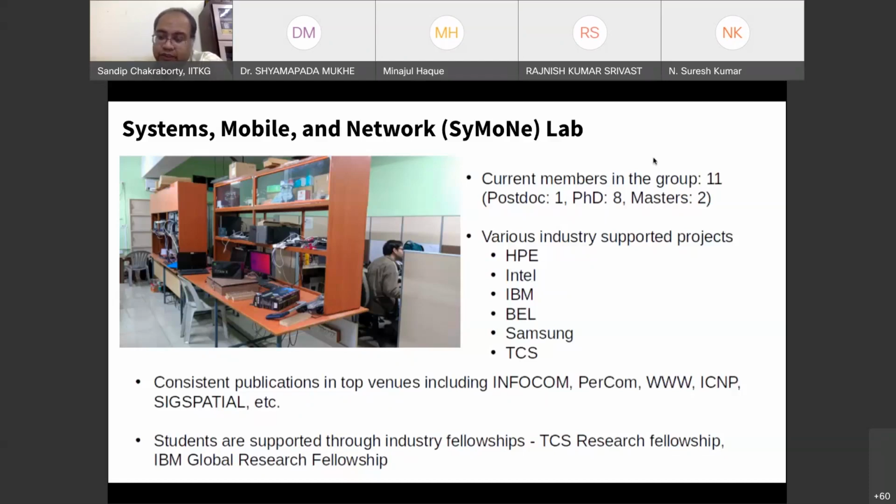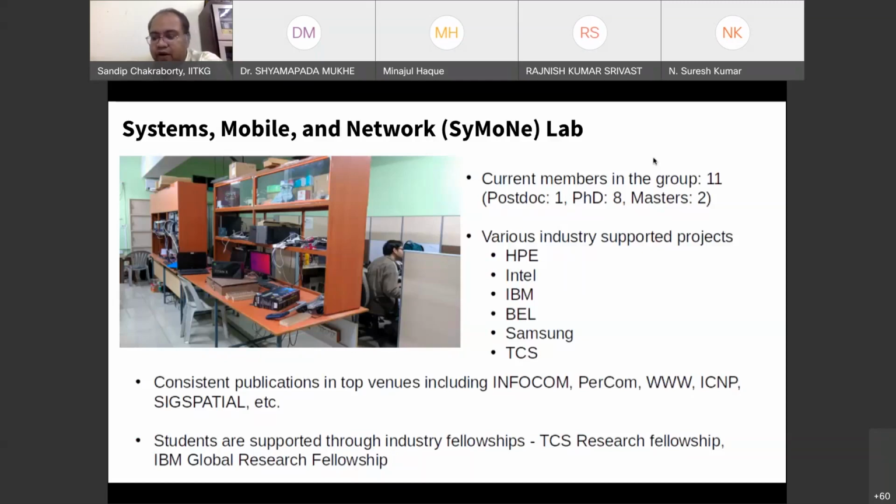Even the students are being supported through different kinds of industry fellowships, like the TCS Research Fellowship. The TCS Research Fellowship is given by TCS to different institutes in India. But I can proudly mention that in our lab, there are students who got the IBM Global Research Fellowship. This fellowship is given to around 10 to 12 students every year, selected across the globe, that means across different countries.